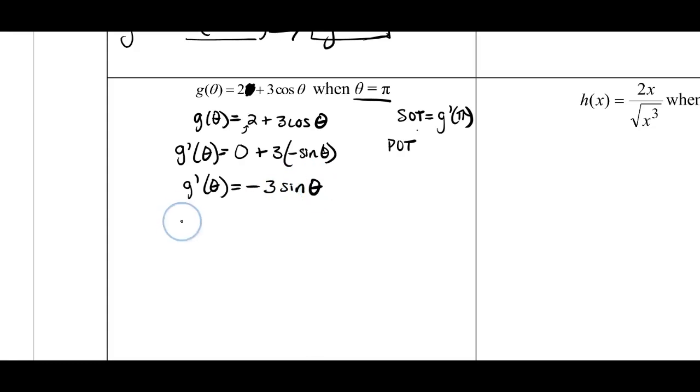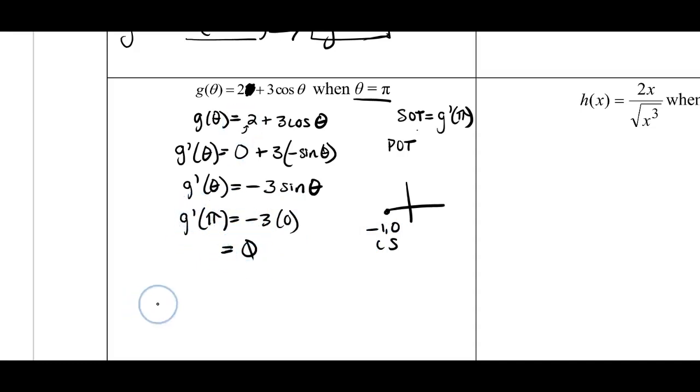To find this at pi, I'll evaluate for the point pi. Sine of pi is 0. Therefore, g prime of pi is 0. And the slope of tangency is 0.